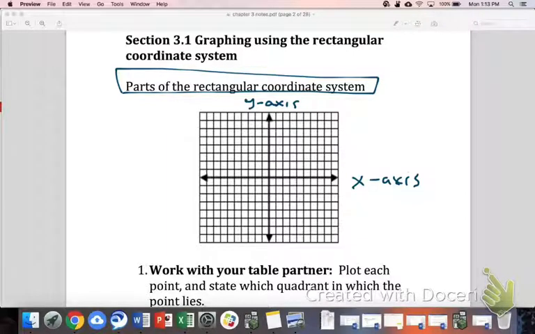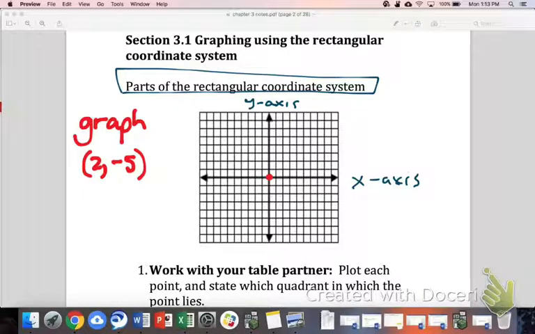Let's say you were supposed to graph the point (2, -5). If you're going to graph a point, you always start counting from the origin. So we start right here at the origin.